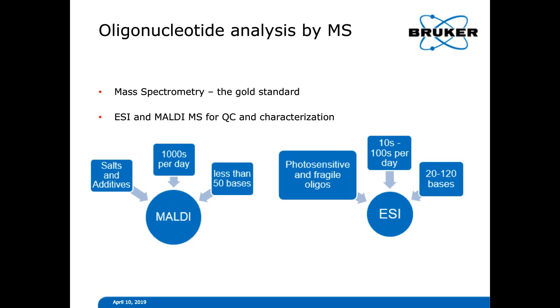The figure on the right shows that ESI LC-MS can handle about tens to hundreds of samples per day. Larger oligonucleotides, ranging from 20 to 120 bases long, benefit from the multiply charged envelope obtained in ESI. In addition, since ESI is a relatively soft ionization source, it is better suited to analyze photosensitive or fragile oligonucleotides.